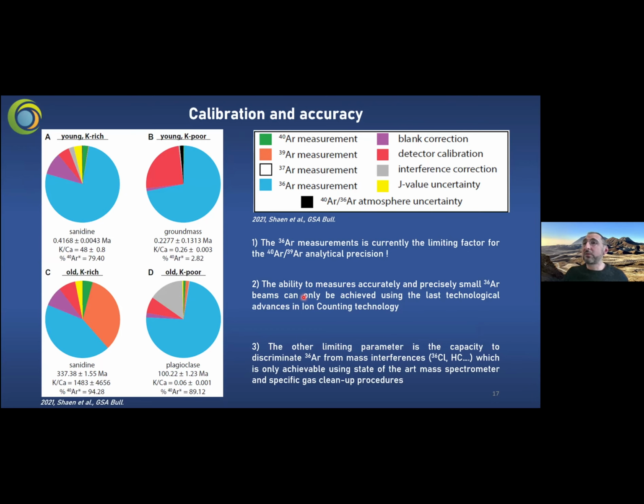So the ability to measure accurately and precisely the 36 beam, and especially small beams, could be achieved only using the latest technological advances in ion counting technology. Of course, the other limiting parameter is the capacity to discriminate 36 argon from mass interferences, chlorine, hydrocarbons, which once again is only achievable using state-of-the-art spectrometers and also specific cleanup procedures.